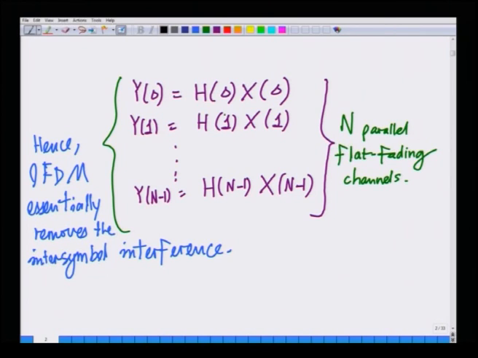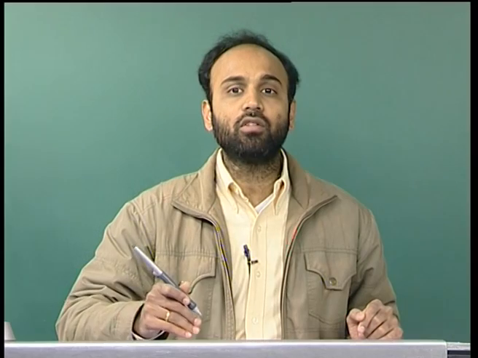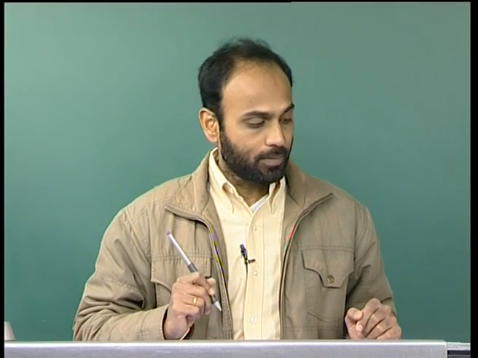Similarly, Y1 equals H1 times X1, and so on. In general, Yk equals Hk times Xk across the kth subcarrier, until Yn minus 1 equals Hn minus 1 times Xn minus 1, that is a total of n subcarriers.